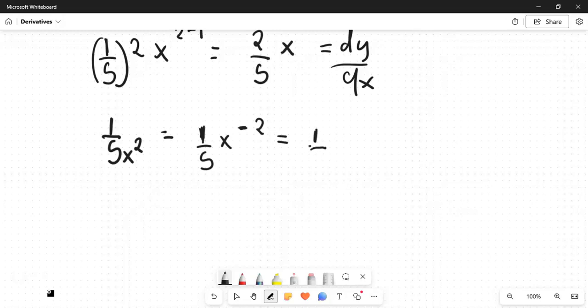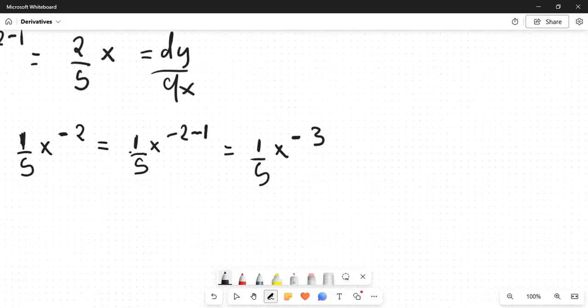1 over 5 x to the power of negative 2 minus 1. The law of indices is, negative 2 minus 1 is negative 3. So it will be 1 over 5 x to the power of negative 3. Now, we don't end here yet. This is how we write our answer.